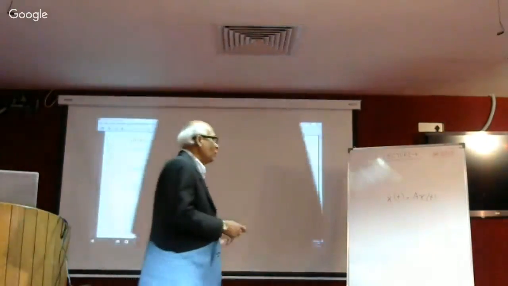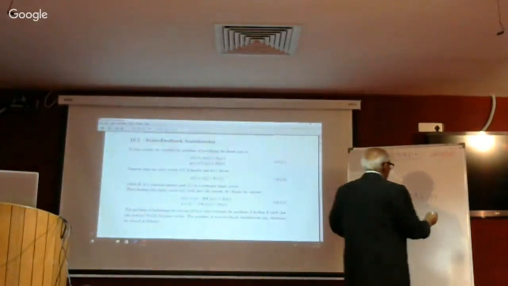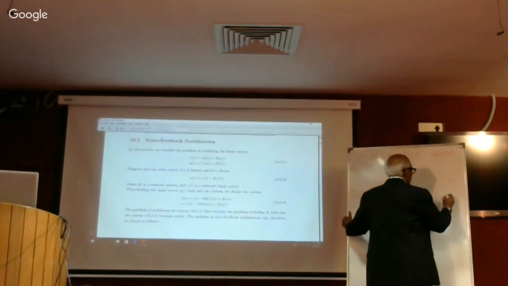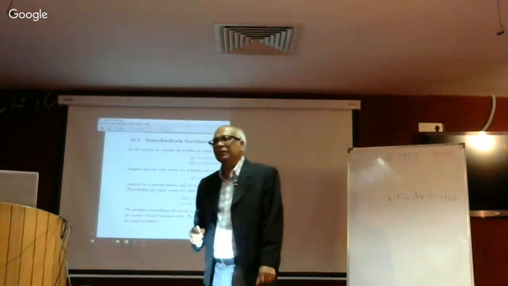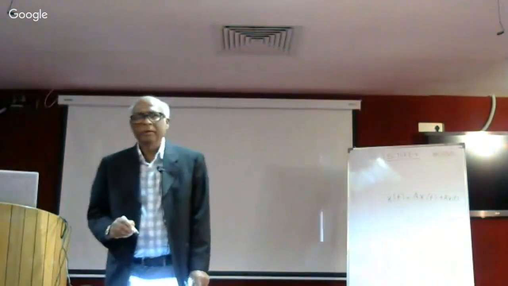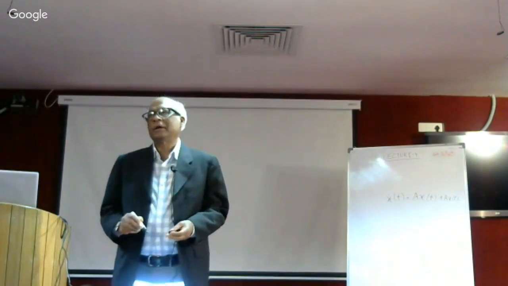So suppose we apply a control force of the form, say, B u(t). But B is a fixed matrix of order n by m, of course, and u(t) is the control vector. So now the question arises, how do you choose this control vector u of t such that the modified system will be stable?